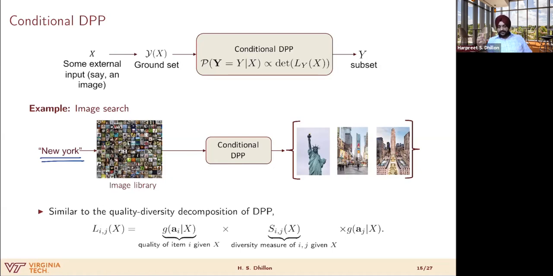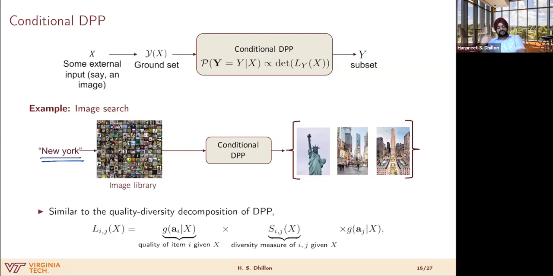And this is where, first of all, the quality diversity trade-off comes into the picture. You need to show good images, meaning high quality images. At the same time, you should not be showing all the images of the same place, which means you need some diversity in those images, and that is where the diversity part comes in. Now, why is it a conditional DPP?